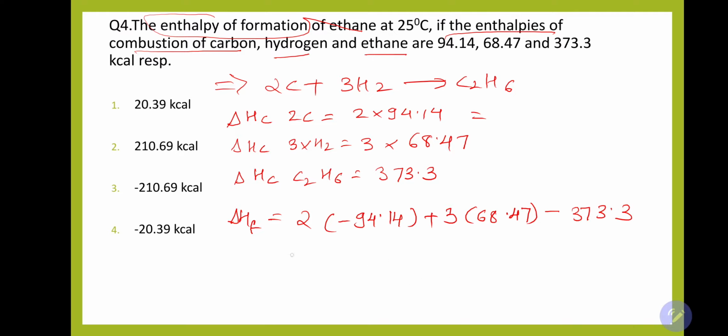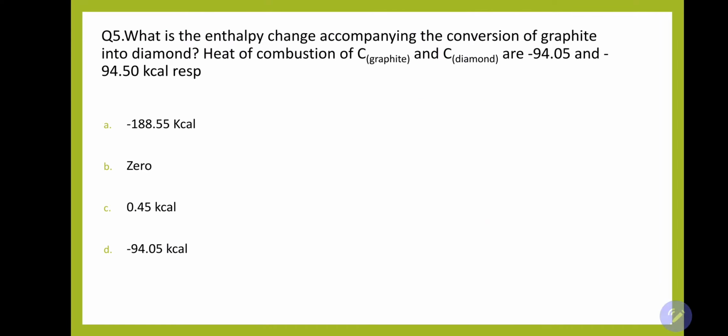Okay, by calculating this we'll come to the value, it is minus 20.39 kilocalories. Okay, so this is the correct answer. I hope you're getting how to solve these questions. Now let's see the next question.